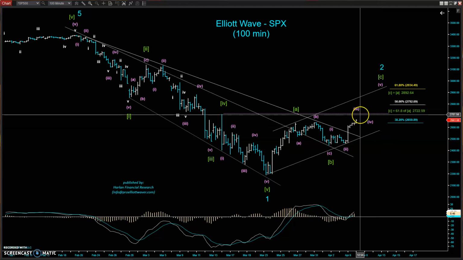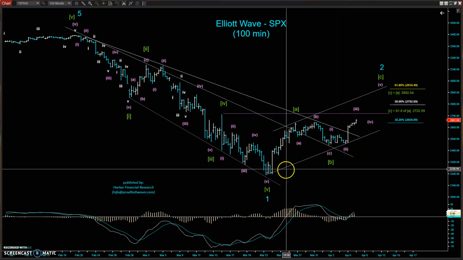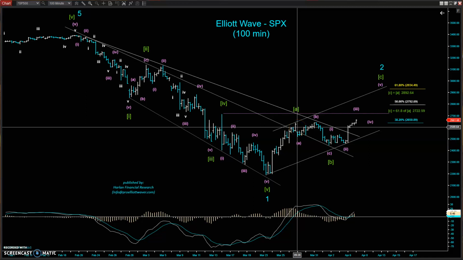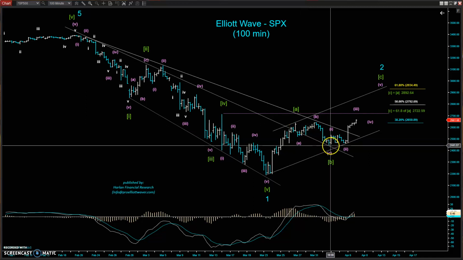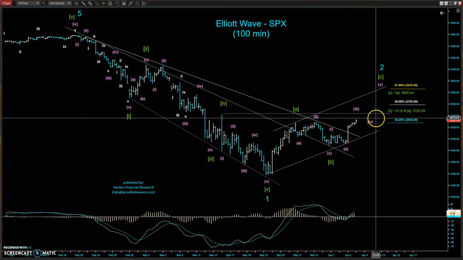And if anything happens to violate this, which right now would be a decline, back below this area right here, overlapping the 1 wave. And it is possible, this is a 5-3-5 pattern here. The market could create some kind of a 5-3 pattern here, which would be a WXY.